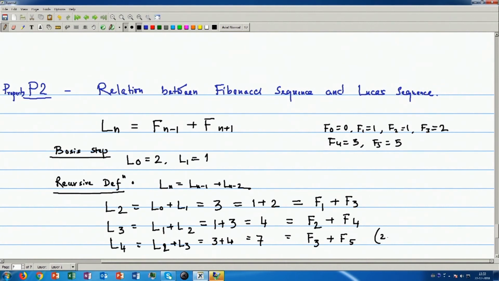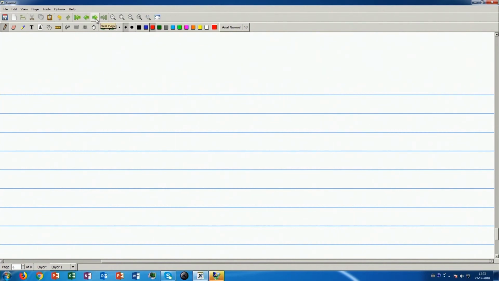So, I can see that the property holds, that L n is f n minus 1 plus f n plus 1, and in a similar way we can give the proof also.